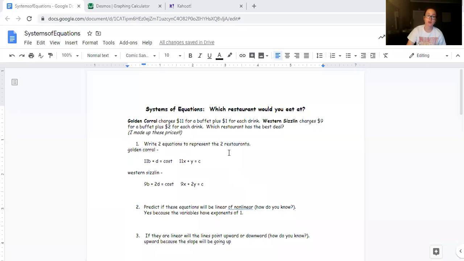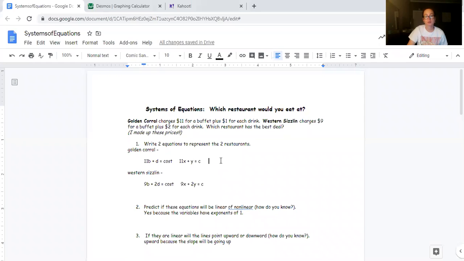So I did some research about the problem that Cheyenne and I ran into earlier, and this is what I found. When you graph with Desmos, it only supports two variables, x and y. You can't have more than that in your graph, or else it just kind of freaks out a little bit.